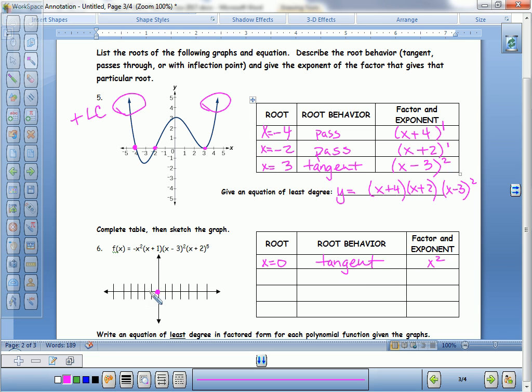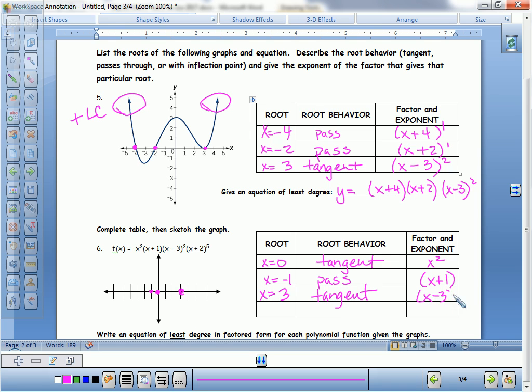Okay, the next one is at -1. It's to the first power, so it will pass. The next one is going to be at 3. And it is, yes, it's going to be tangent there.